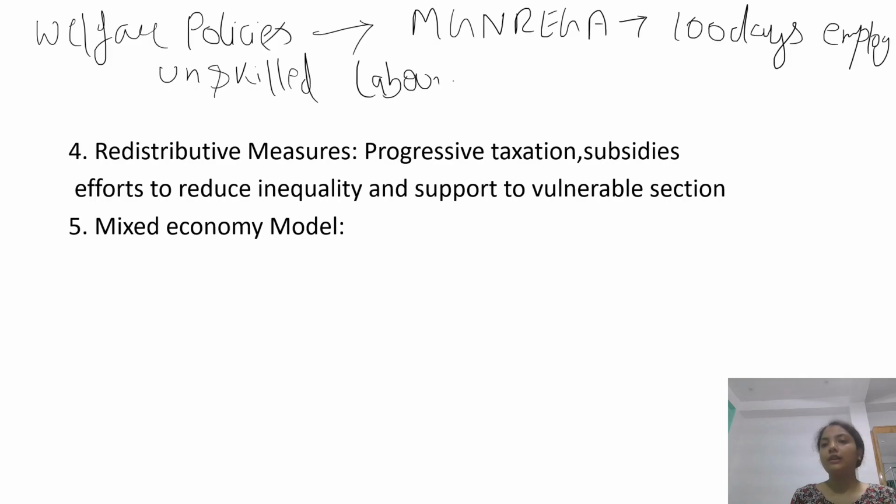Now the duration of 100 days is increased to 125 days. Unskilled labor are now getting assured employment of 125 days in manual work, and the name of MGNREGA has been changed to VB-G RAM G.